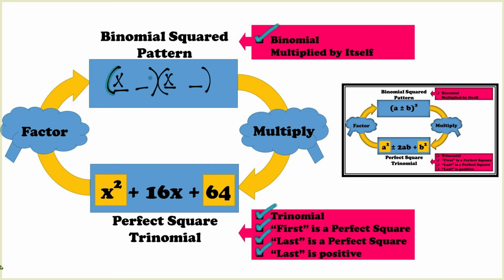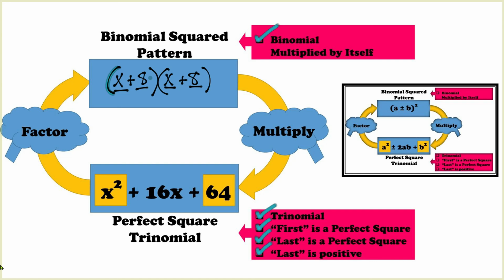Well, it could be several different things, but we know it's a binomial multiplied by itself. So they have to be the same. So our lasts both have to be 8. And then we have a positive 64 and a positive 16. So our C is positive and our B is positive. So we will have both binomials with a plus sign in between.